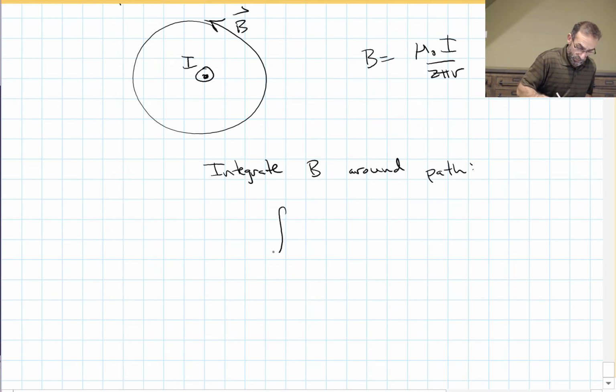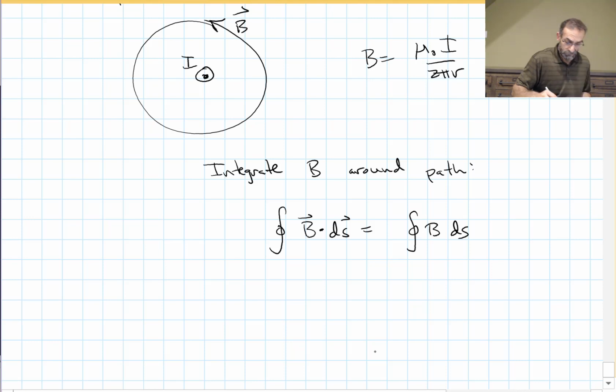So around the closed path, B dot ds. B is in the same direction that we're going around the path, so the cosine of 0 degrees is just 1. We can get rid of our dot product. B is constant on that special circular path that we chose, so it can come out of the integral.